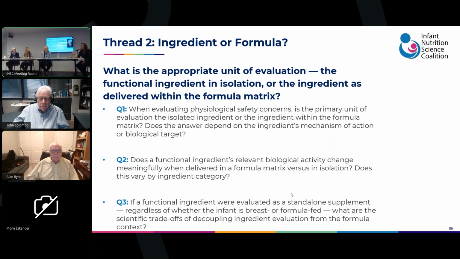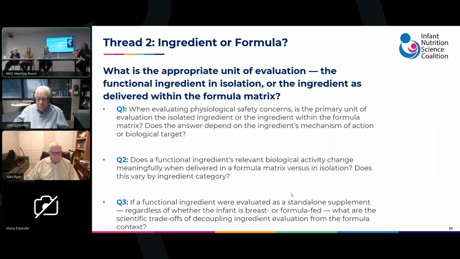That actually, so the point you bring up is one that I would pose back to our regulatory folks, right? If indeed, and maybe for Nestle too, how would you address that? If you are choosing to investigate for an ingredient manufacturer the safety of your ingredient in infants, and you choose to not do a GMS, not partner with an infant formula company, but do this kind of individual isolated ingredient, which would be the equivalent of a supplement, how then can you apply the information you gain out of that clinical trial for the use of that ingredient in infant formula, right?